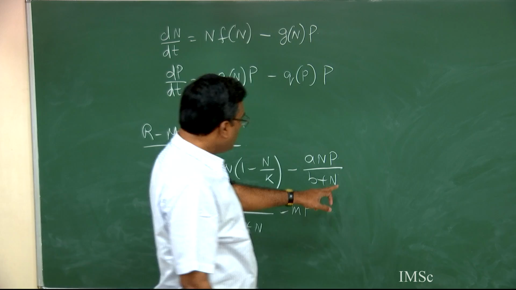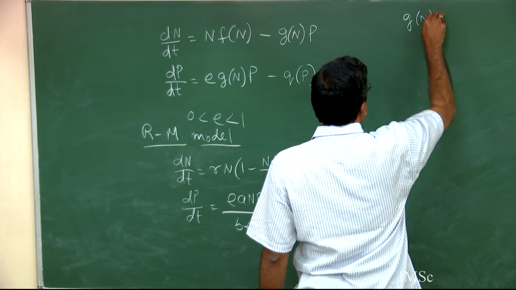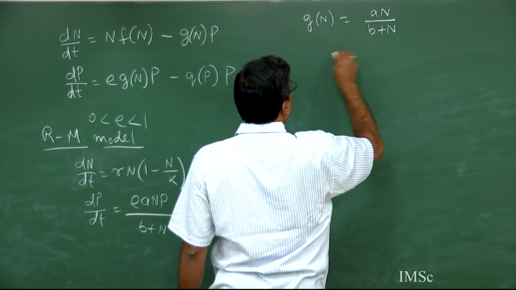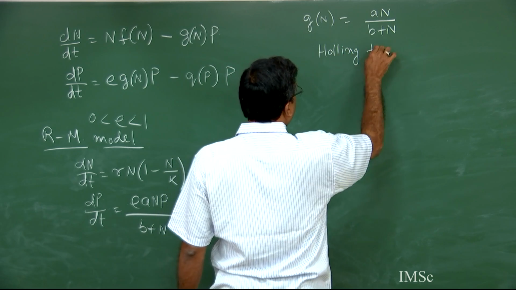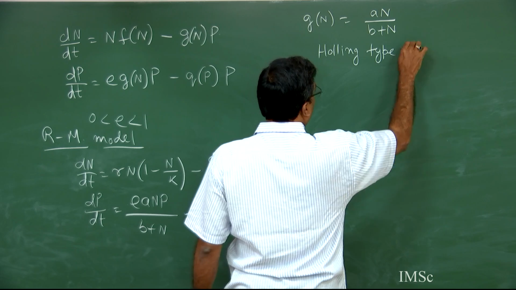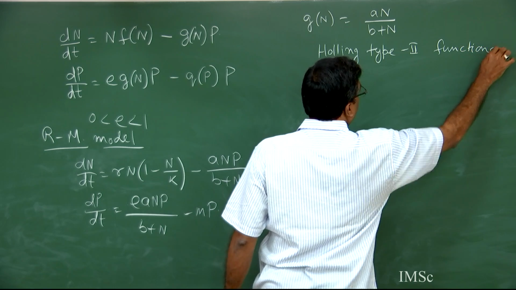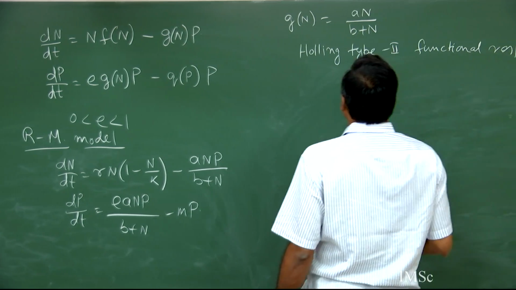Now this particular functional format, that is g(n) equal to a n/(b plus n), is actually called the Holling type 2 functional response.